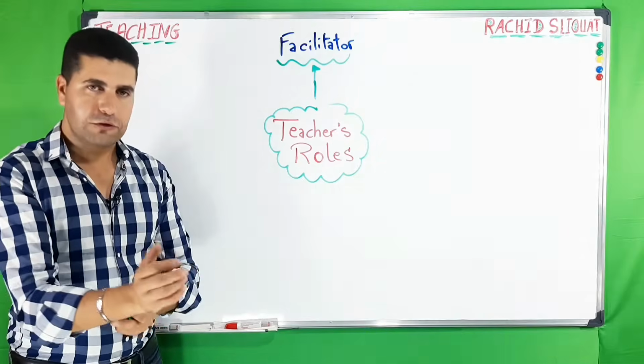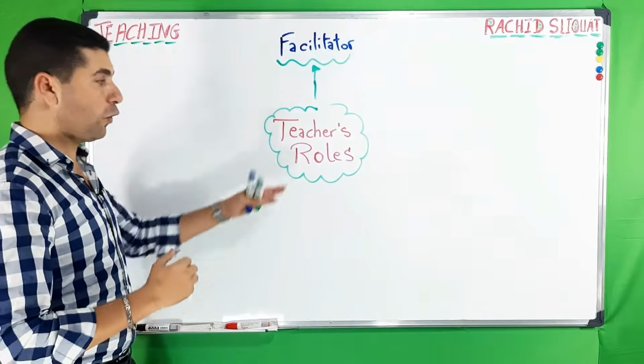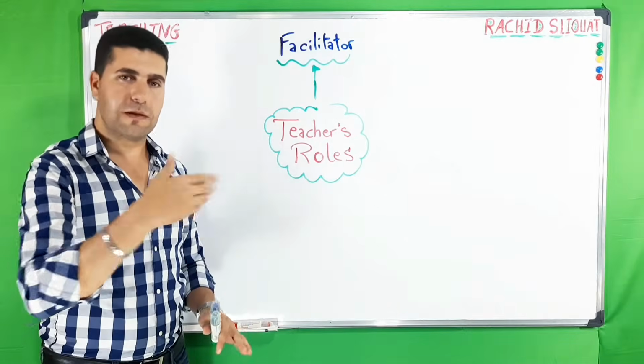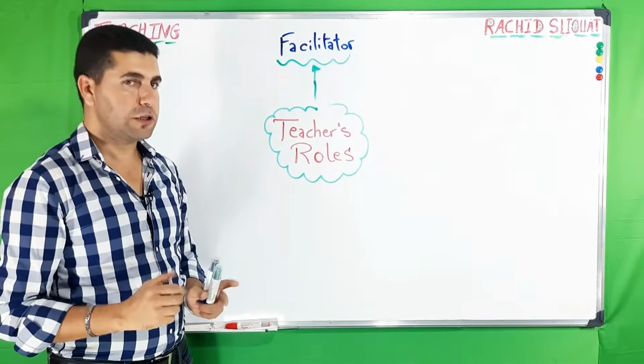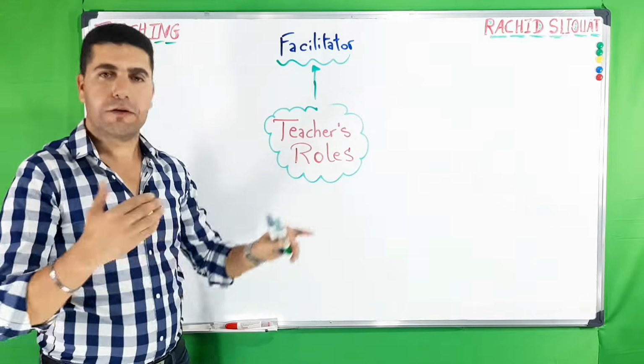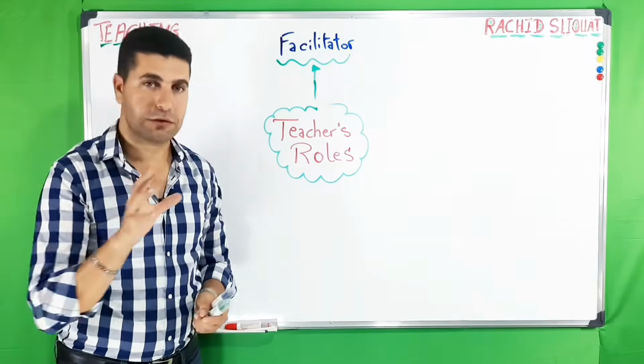Now, you as a teacher, you will be teaching students, so for sure one of your jobs or roles is to make the subject you are teaching or the lesson you are teaching easy. You are supposed to make it easy for the learners and students you have.